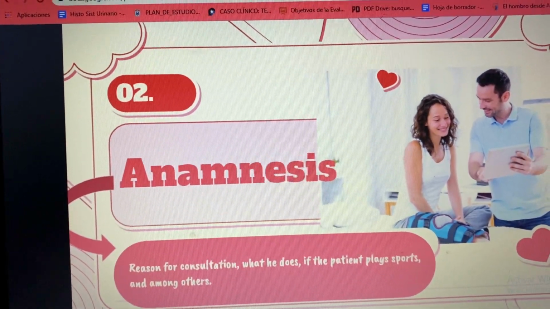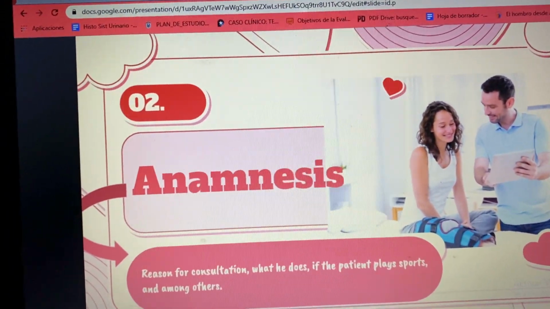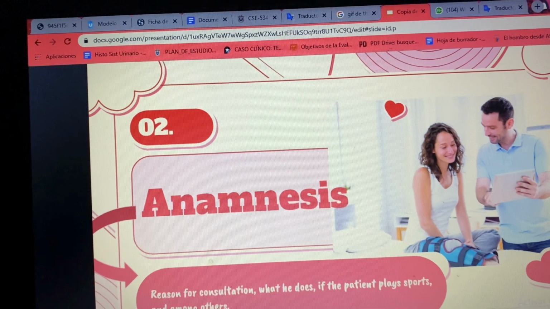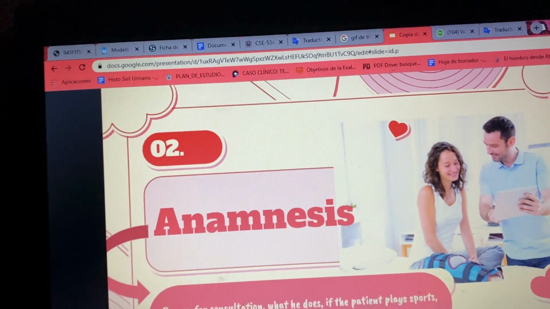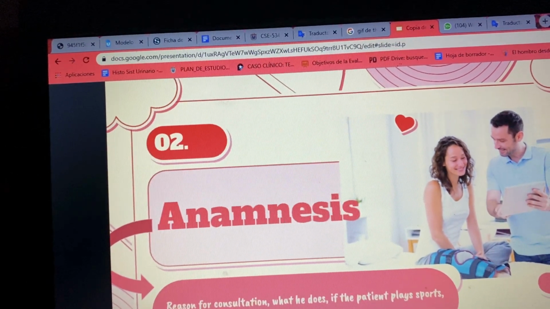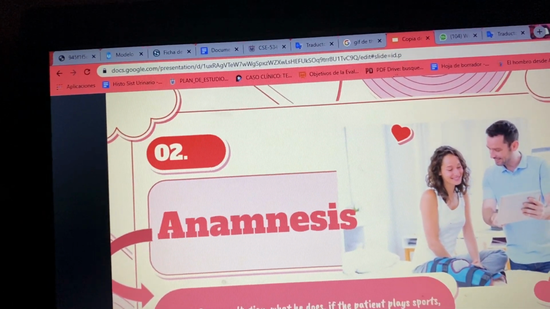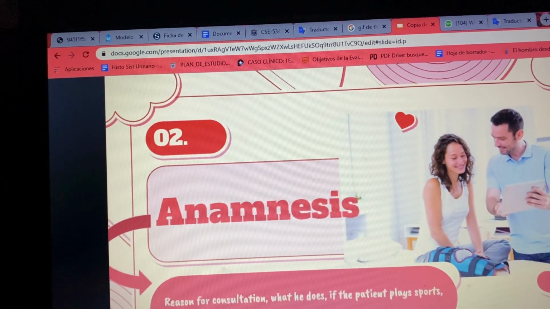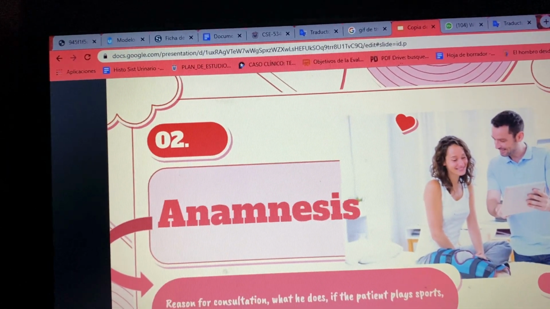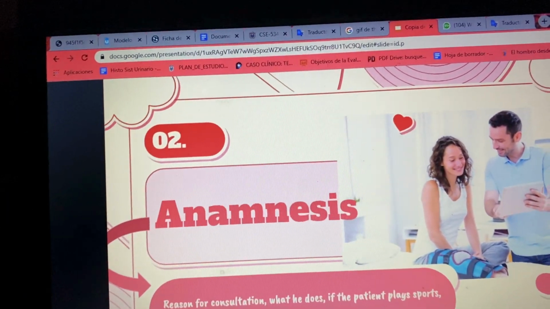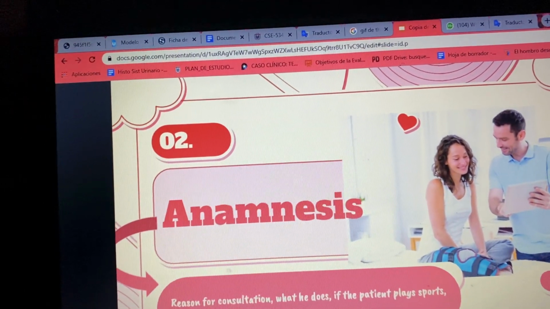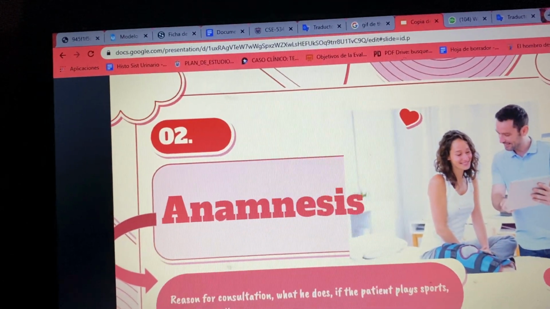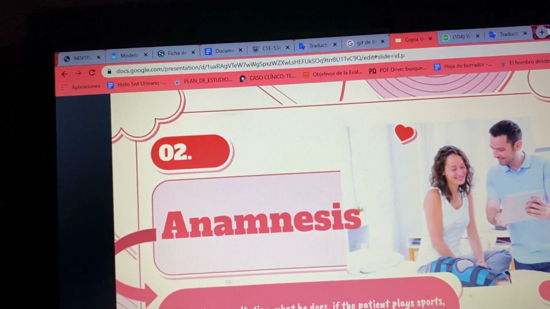Anamnesis is part of the physiotherapeutic evaluation where information is collected thanks to a series of questions about the pathology, such as reason for consultation, what he does, if the patient plays sports, any sports like football, for example, and among others.